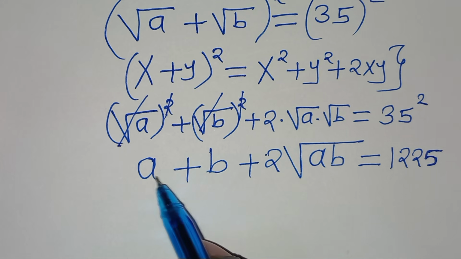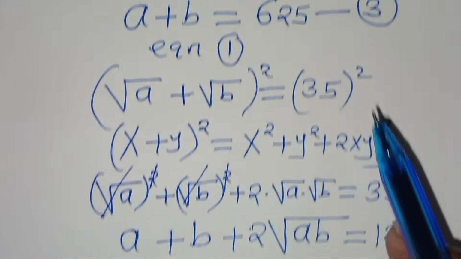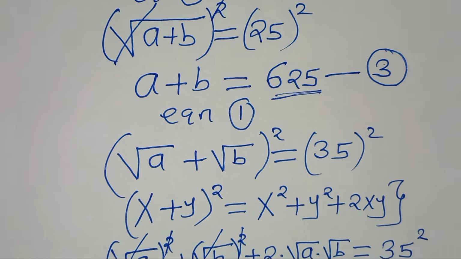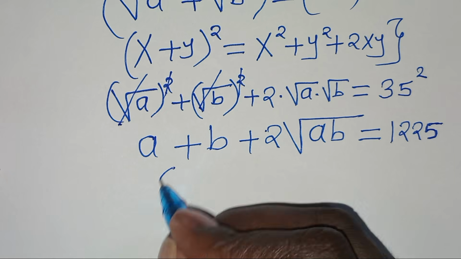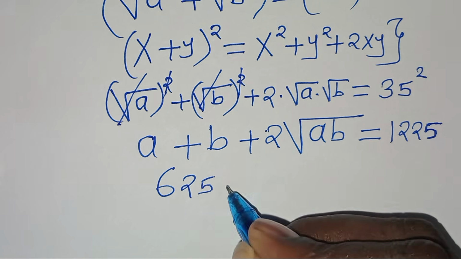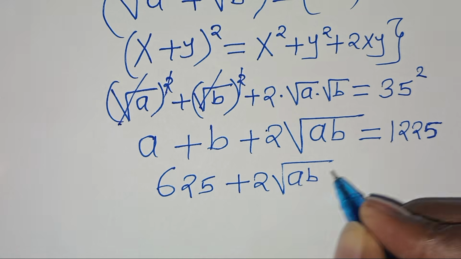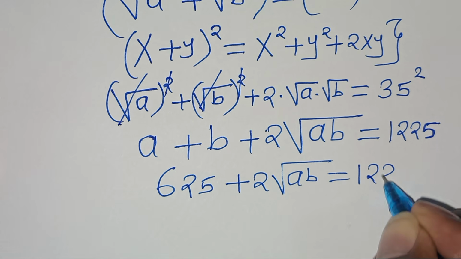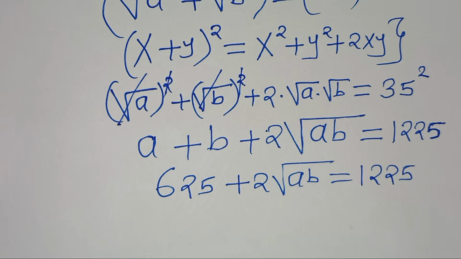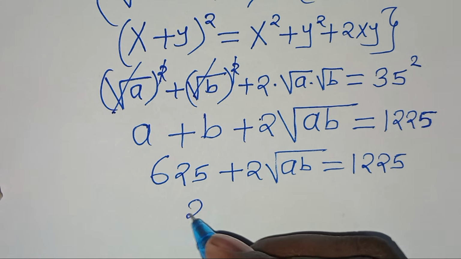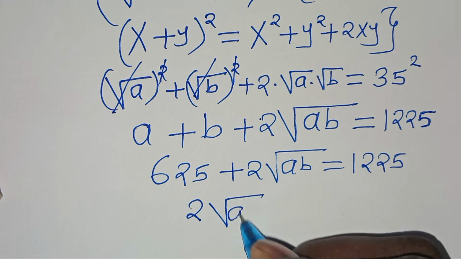Now, we have that a plus b from equation 3 is the same thing as 625. So let's substitute 625, then plus 2 square root of a times b, is equal to 1225. Now, the next step is that we have 2 square root of a times b.